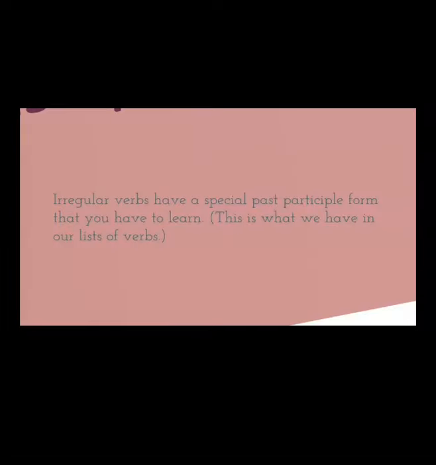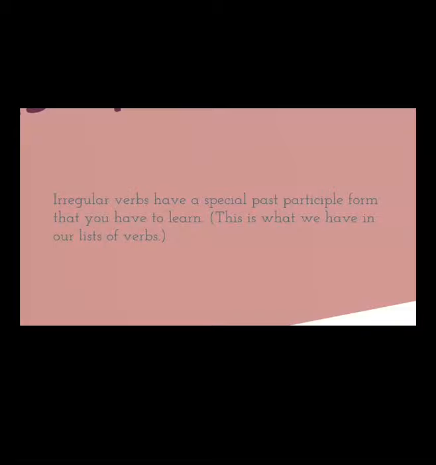Okay, and as I already said, we have two meanings for past participle. Teníamos dos significados para un pasado participio. And the second one is that an irregular verb has a special past participle form that you have to learn. Recordemos que esos verbos irregulares son aquellos verbos que cuando vamos a utilizarlos en una oración en pasado, nuestro verbo cambia por completo, ¿sí?